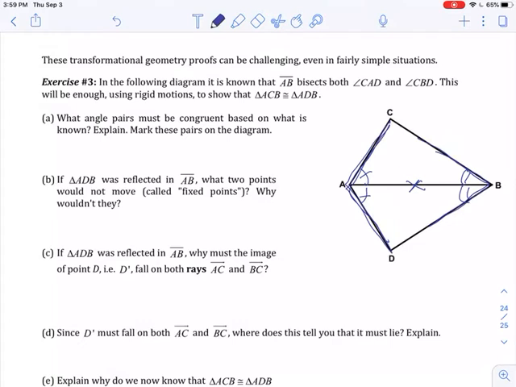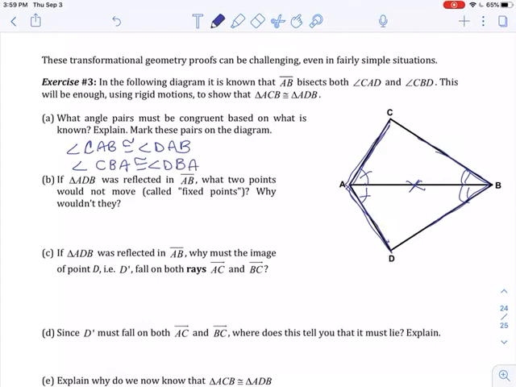What angle pairs must be congruent to each other? Based on what's known, explain, and mark them. So I've already marked them, but basically angle CAB is congruent to angle DAB, and angle CBA is congruent to angle DBA. Remember, I'm using the three letters.